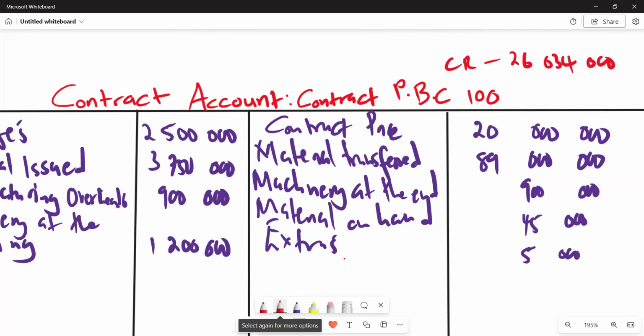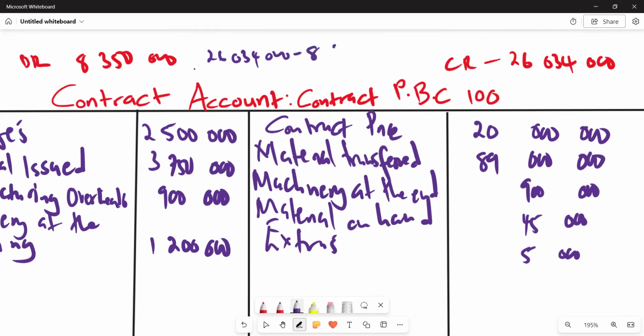And then you add the total of the debit side, you'd see that you are going to get 8,350,000. So obviously this is what we have, and then you calculate the difference between the two totals, whereby you are now saying 26 million and 34,000, you subtract 8,350,000.